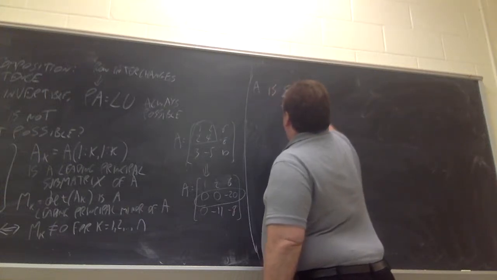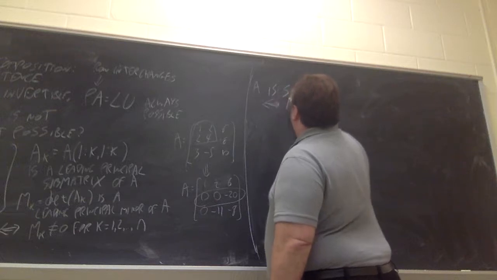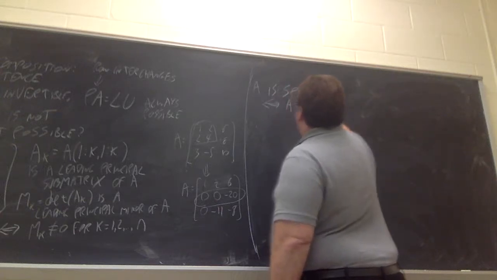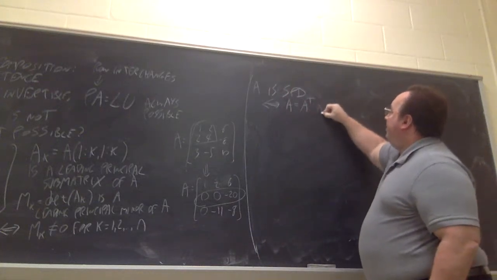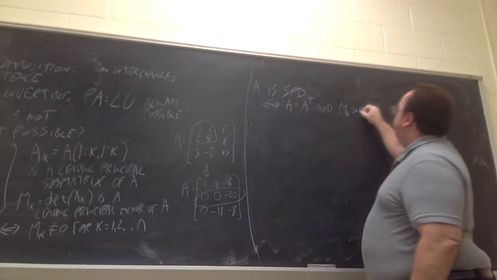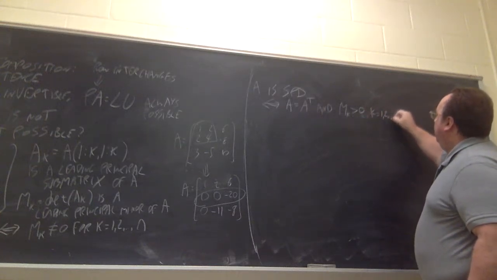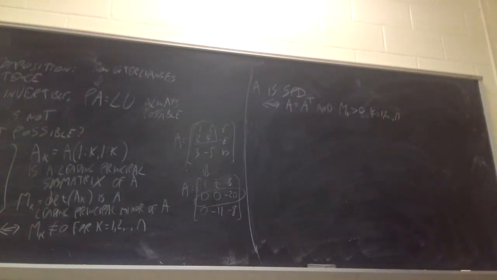Now, to tie that back to Cholesky and symmetric positive definite, I can give another characterization of symmetric positive definite. A is symmetric positive definite if and only if it is symmetric and all the minors are strictly positive. So what that means is the minors of a symmetric positive definite matrix can never be 0.